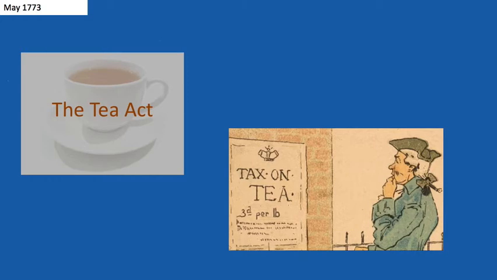This act allowed the British to sell tea to the 13 colonies, specifically in the city of Boston. This made the 13 colonies really furious because they wanted to be independent at that time. They didn't want the control that the British would have.